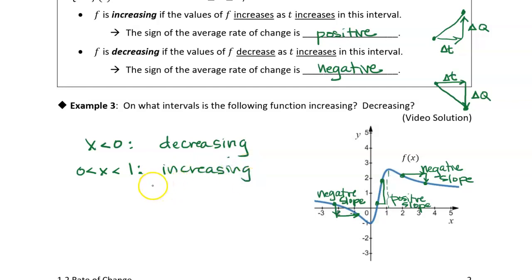And then once we get past 1, so x is greater than 1, again we have a decreasing function, because if we look at any 2 points on that portion of the graph, we see that the average rate of change, or the slope between those 2 points, is negative.